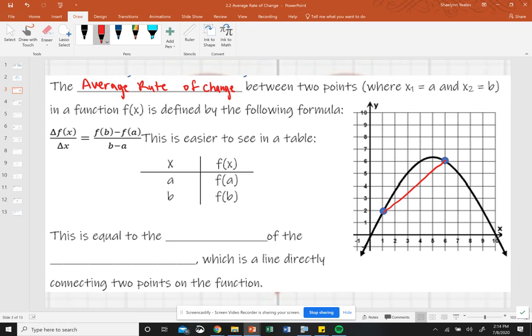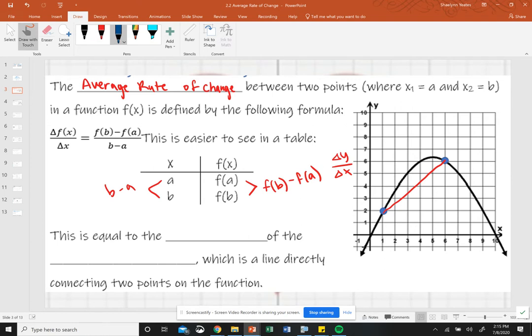Really, all it is, you're finding the difference in x, so you do b minus a. You're finding the difference in y, which is f of b minus f of a, and then you put your change in y over change in x, because your y is always better than your x. It's a fact.